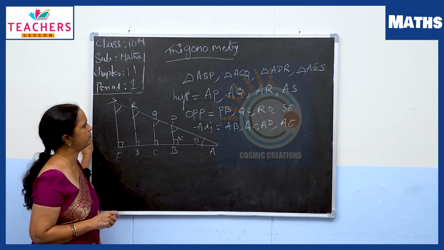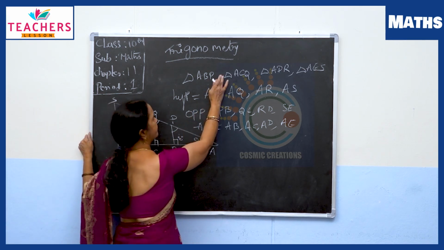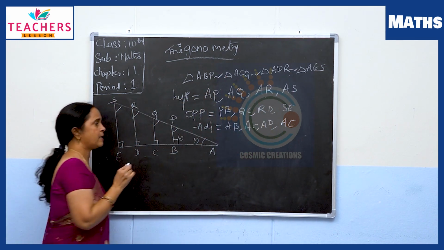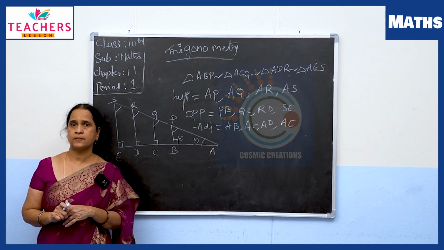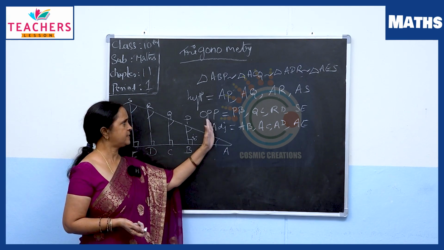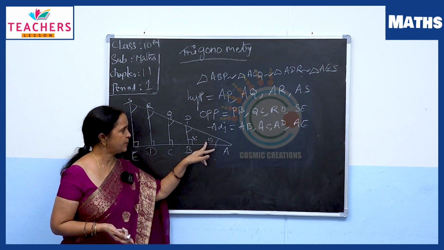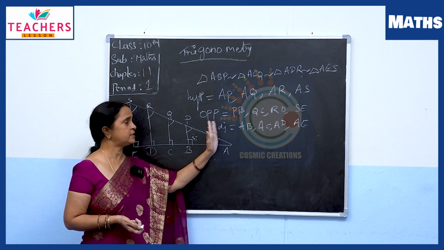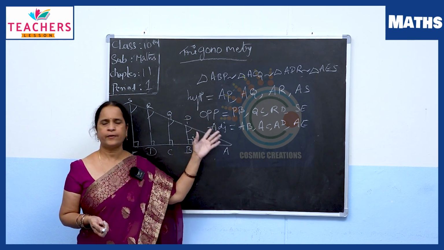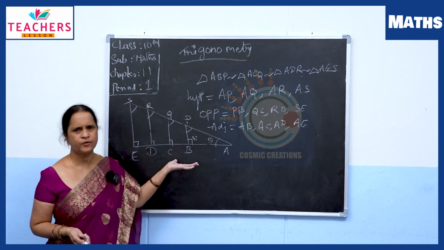Now, these all triangles are similar triangles, isn't it? Do you remember the similar triangles property? I have written all the components with respect to theta from the given triangles.